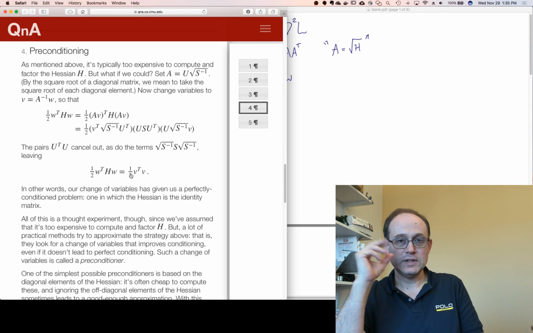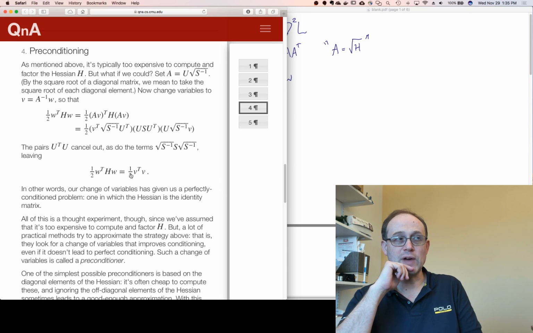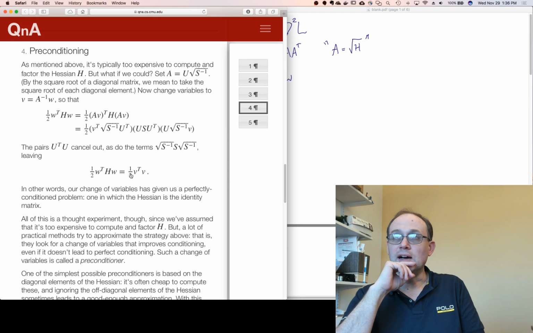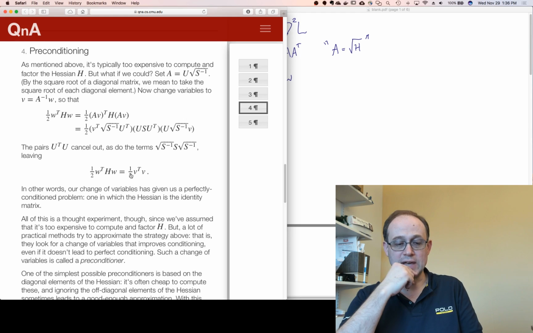And so that's great. If we knew the Hessian and could afford to factor it, then everything would be good. But often computing the Hessian is expensive, and factoring it can be even more expensive, so we can't afford to do that.